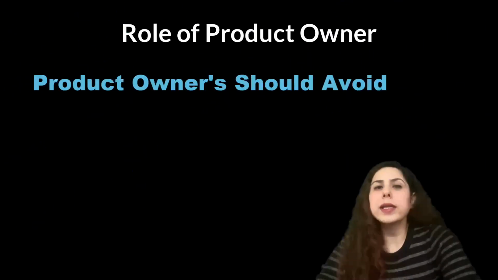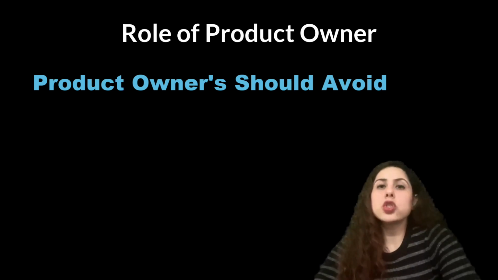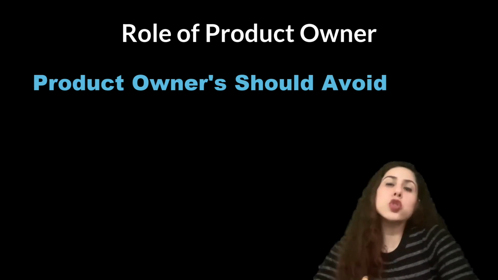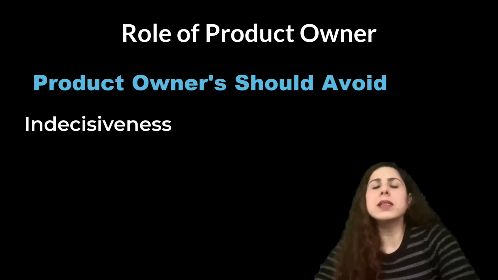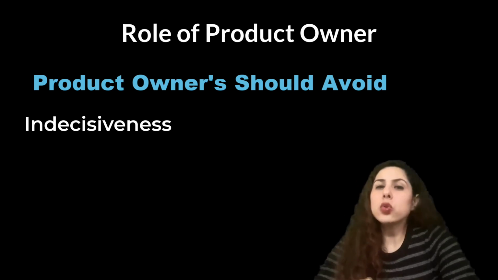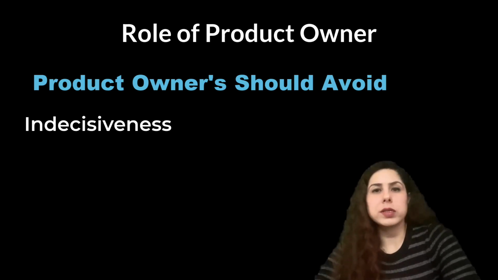Now that we have discussed the key responsibilities of a product owner, let's also highlight some important things to avoid in this role. Product owners should avoid indecisiveness. Instead, they should demonstrate strong decision-making abilities. Indecisiveness regarding the product backlog items can result in delays and a lack of clarity for the team. It is crucial for the product owner to make confident and well-informed decisions regarding the backlog priorities.